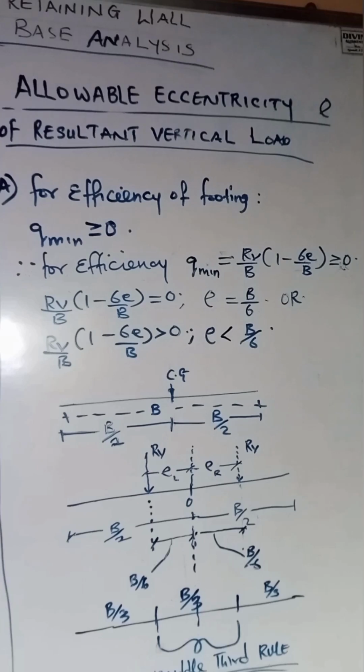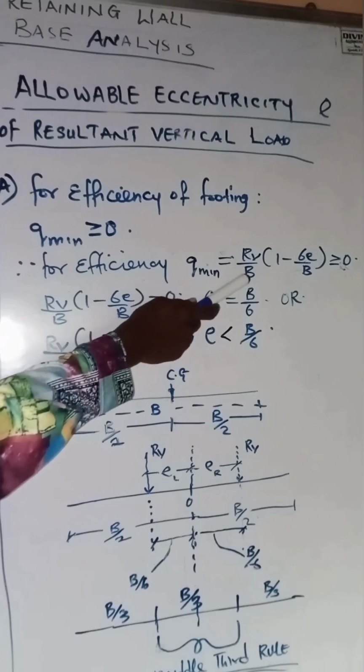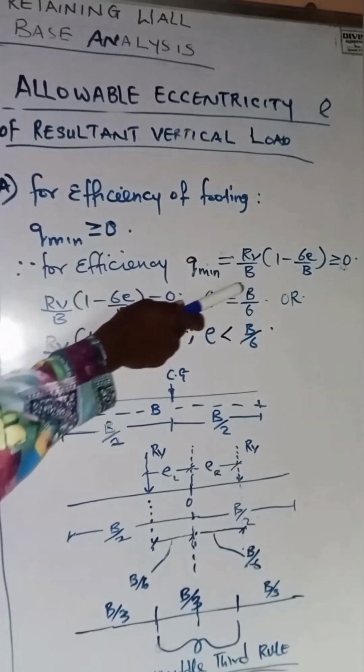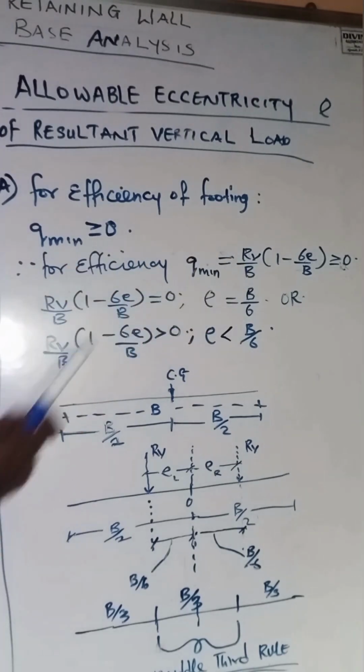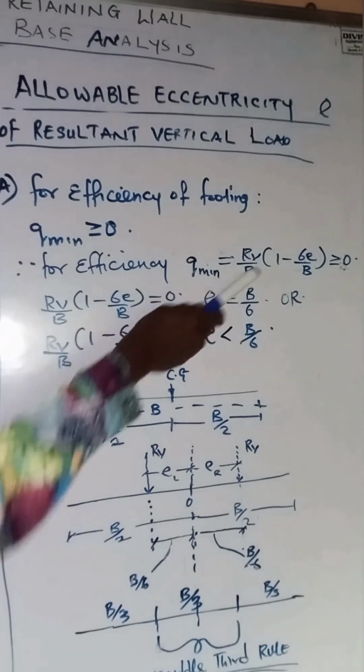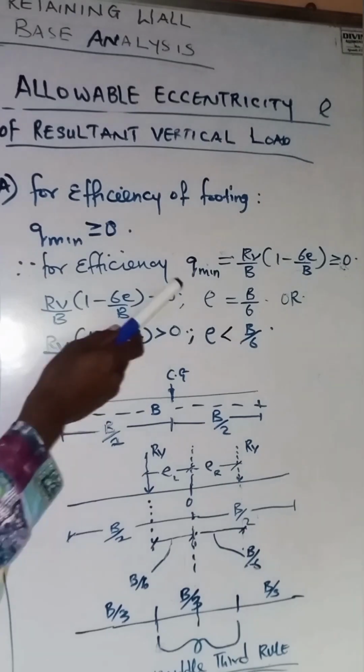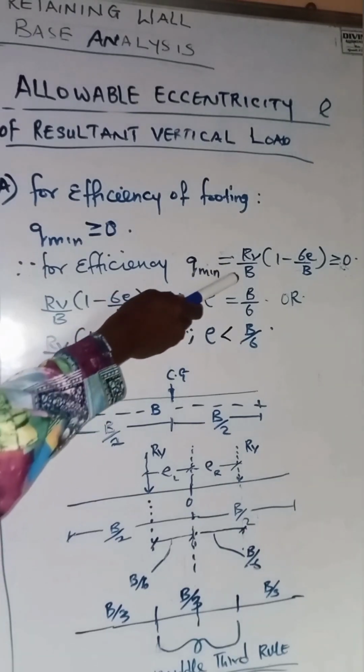So for us to have an efficient footing base, we should have a situation whereby our Q minimum, which is RV over B, remember, in this formula we are considering a 1 meter strip, so we have B times 1 meter, so we have RV over B.